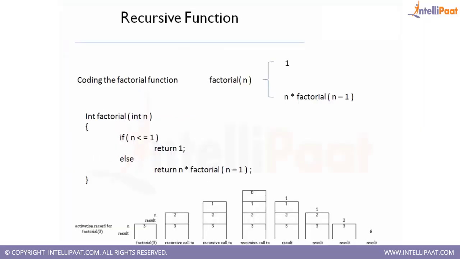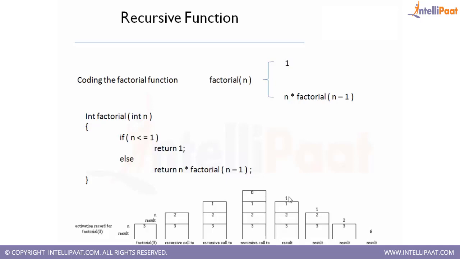So let's see, using this diagram, how the factorial of 3 was calculated. Factorial of 3 will call factorial of 2, from 2 I'll be calling factorial of 1, then from 1 I'll be calling factorial of 0, and from 0 this will return 1.